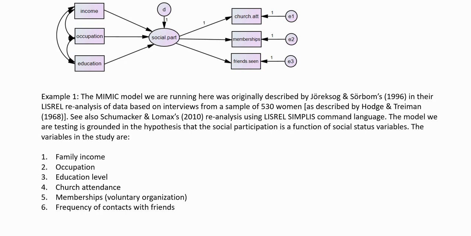We're going to be using AMOS in this presentation, and just briefly, the variables included are income, occupation, and education, and church attendance, memberships, and friends seen. Those are all the manifest variables, and then we have this social participation latent variable in the model.